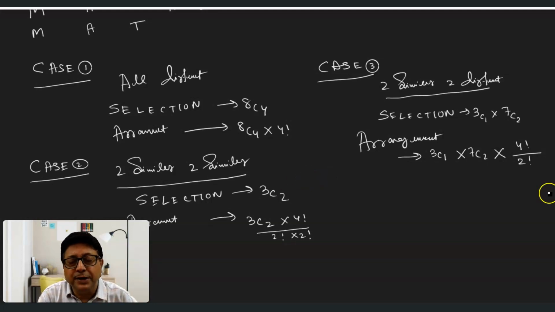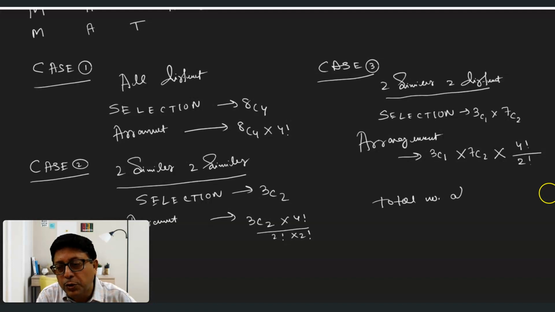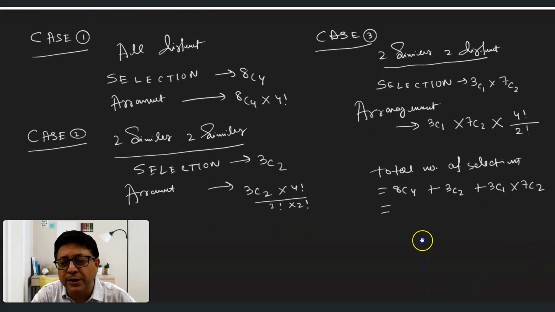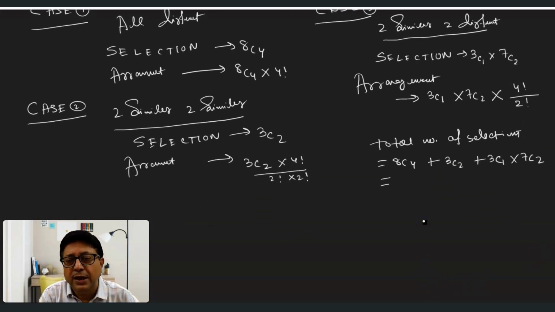Now let us find the total number of selections. Total number of selections is going to be 8C4 plus 3C2 plus 3C1 into 7C2. You can add all these to get the total number of selections, and then the total number of arrangements.